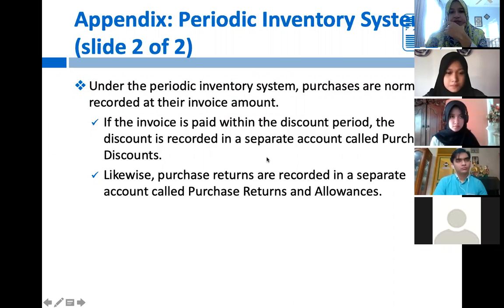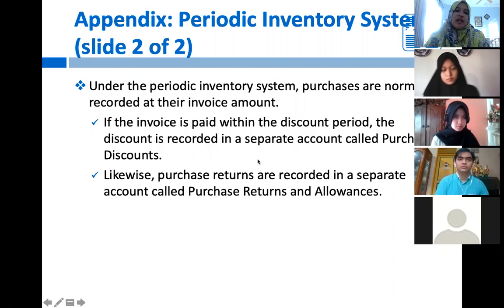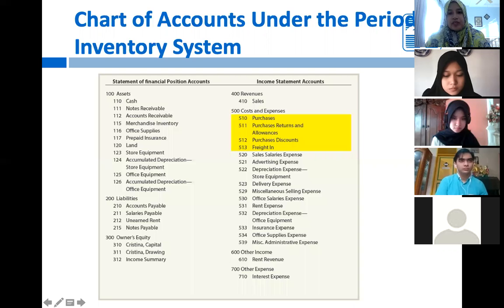We have a separate account for purchase discount, and we have a separate account for purchase return and allowances. And anytime the company is purchasing, they would open the purchases account. So there is no merchandise inventory, but we have a purchases account.